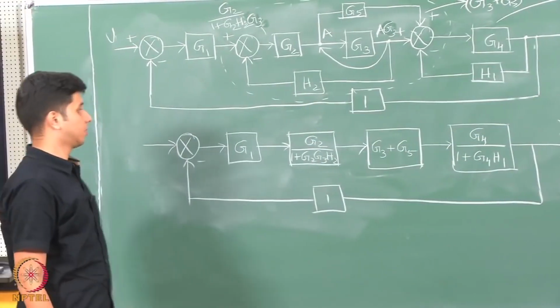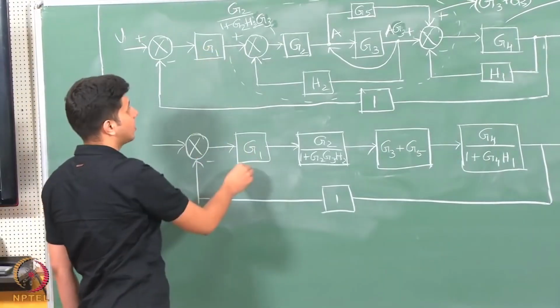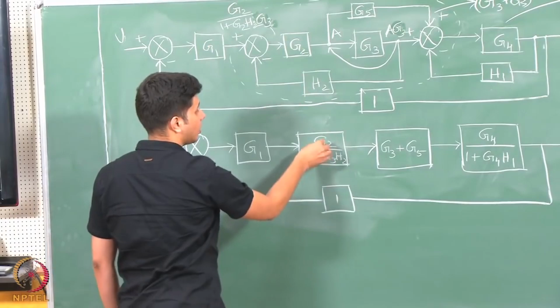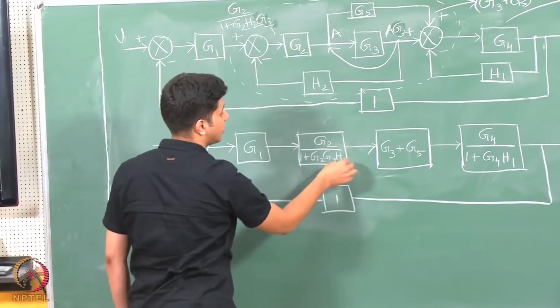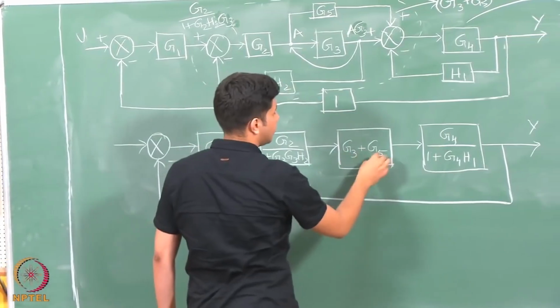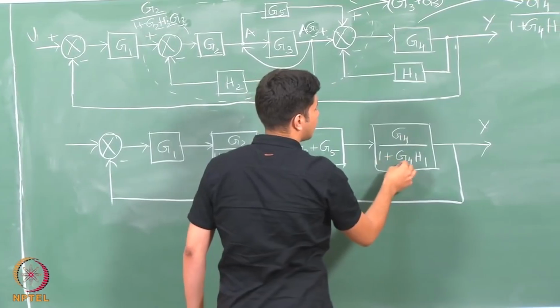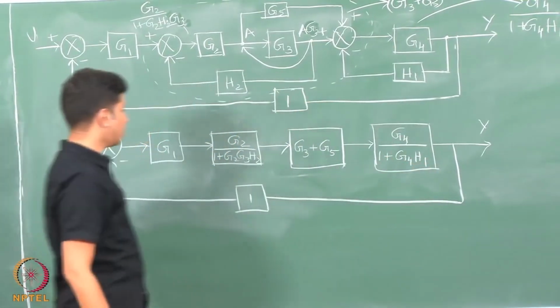So, this is how the simplified block diagram looks. We just have G1 coming here and this reduction going into G2 by 1 plus G2 G3 H2, and this parallel block going as G3 plus G5, and this feedback loop going as G4 by 1 plus G4 H1.